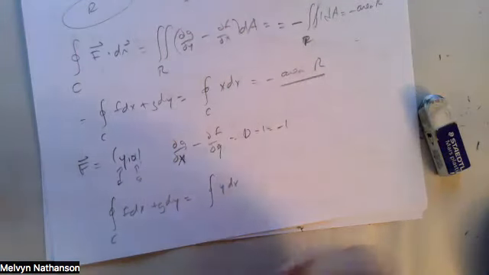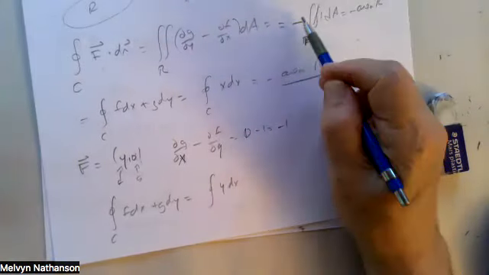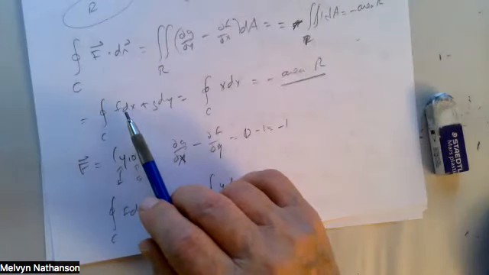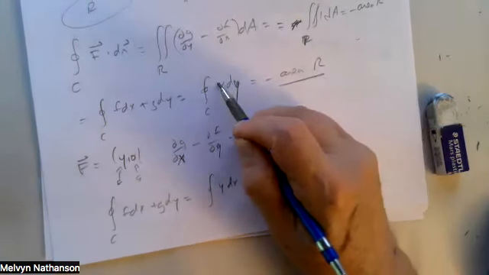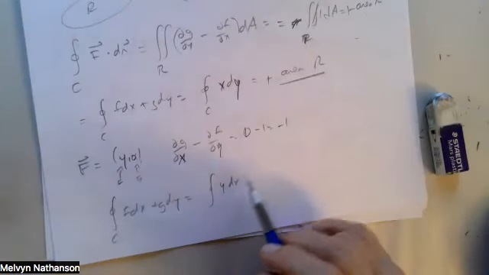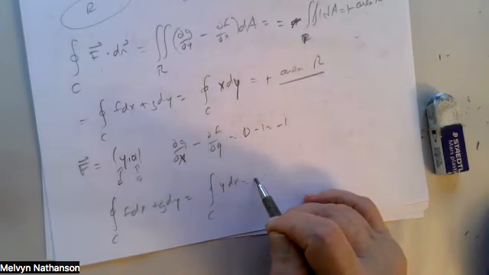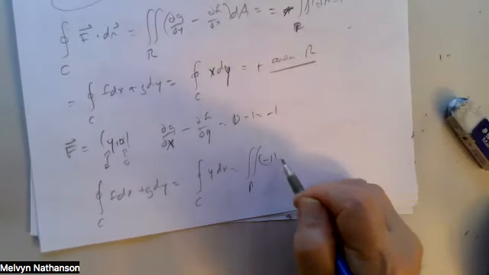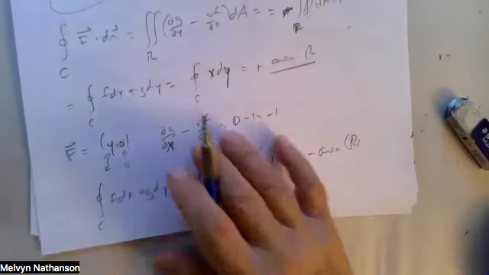So this is 1 minus 0, or 1. So this is plus. So the integral of f dx plus g dy is the integral of x dy, and that's equal to the area, integrating 1. And here I get the integral of y dx is minus the double integral over R of minus 1 dA, which is minus the area of R.